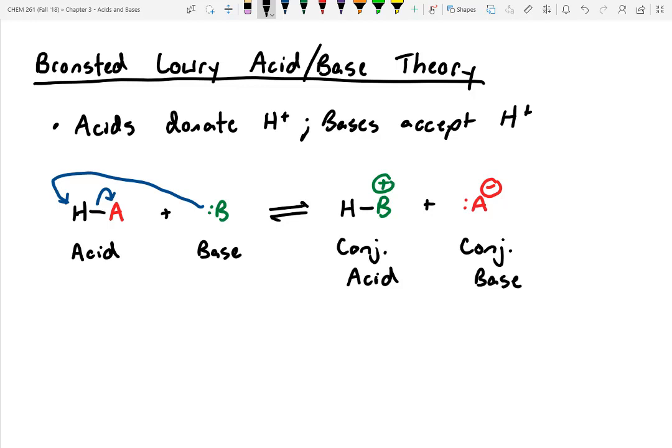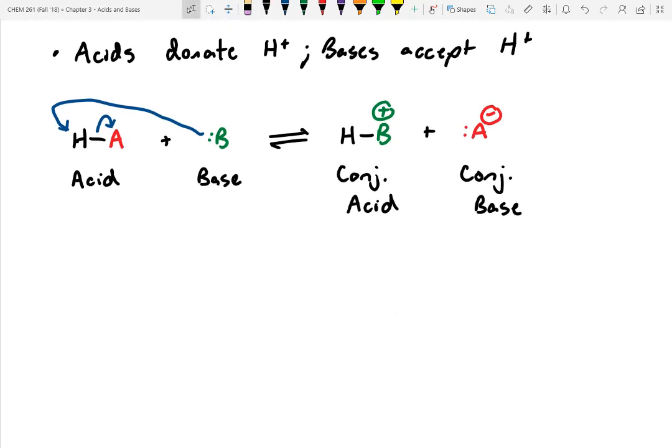So it's important to remember this is technically in equilibrium. However, one side of the equilibrium can be favored over the other. There's two main things I want you to really remember from this.